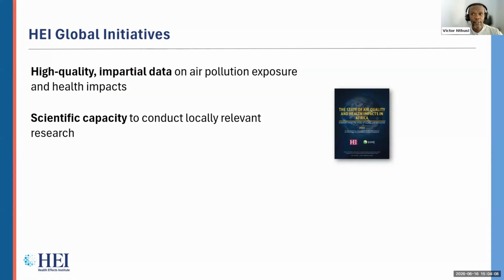We also have a scientific capacity pillar where we conduct locally relevant research. In the case of Africa, we have an ongoing request for funding open for East Africa, and we are currently in the process of selecting studies, and hopefully studies will begin at the beginning of January of next year.